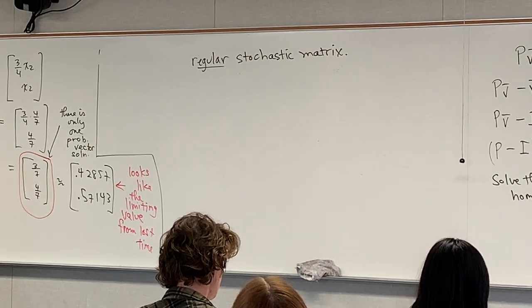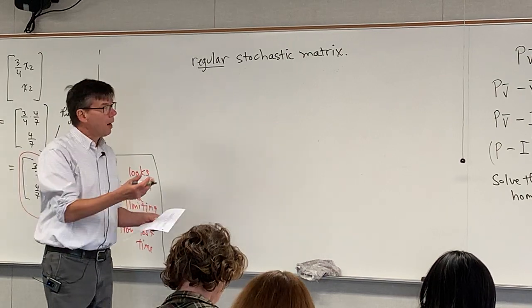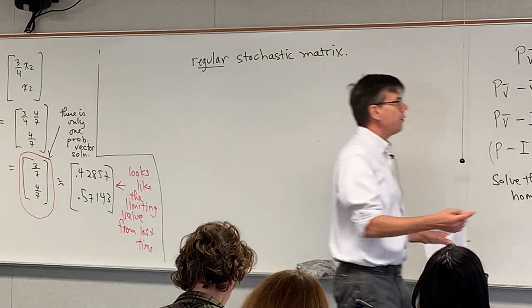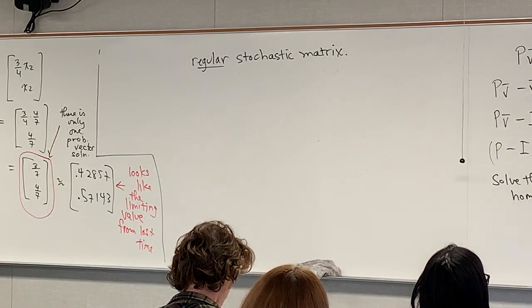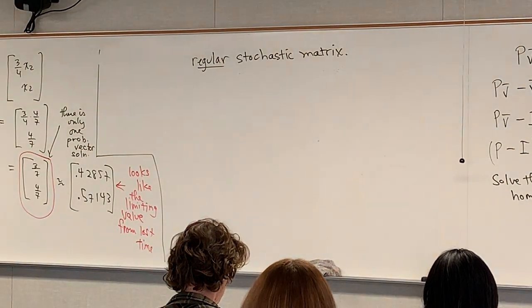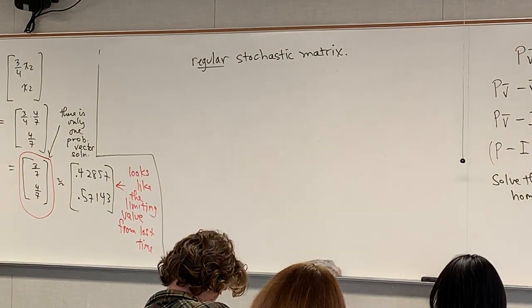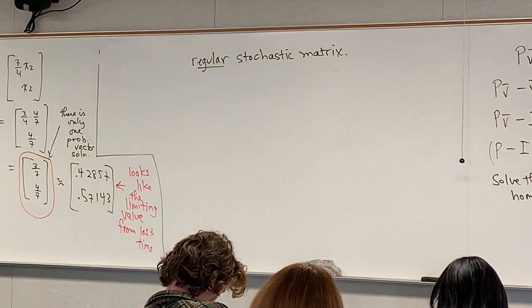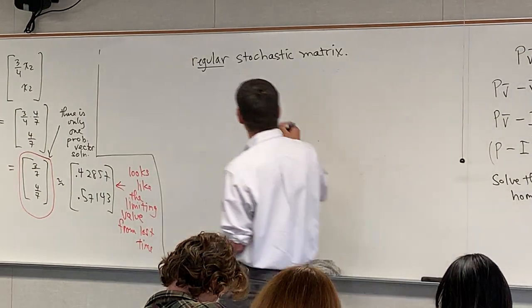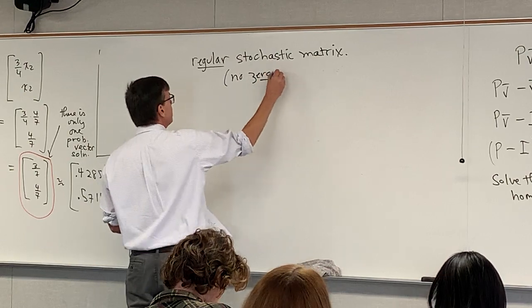So I'm just going to refer to the examples that are in the handout. Our example p that we started out with is a regular stochastic matrix because p to the first power has no zero entries. By all positive entries, we mean no zero entries.